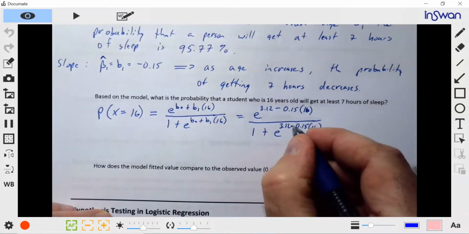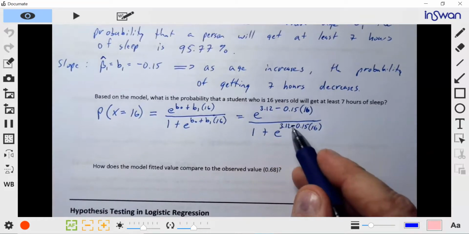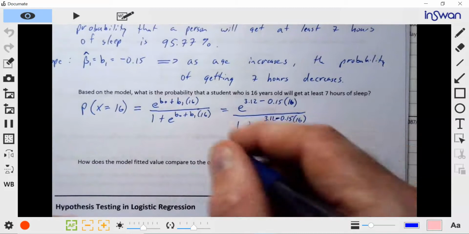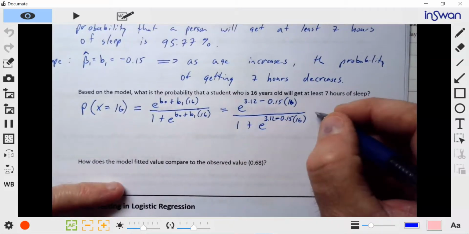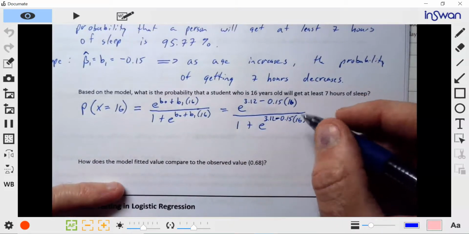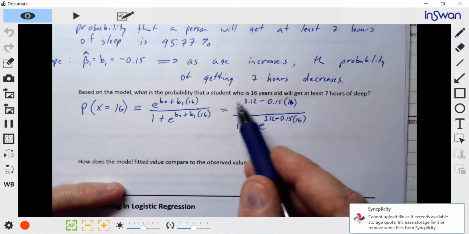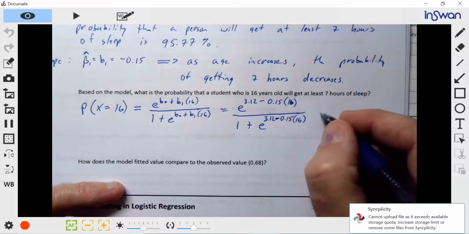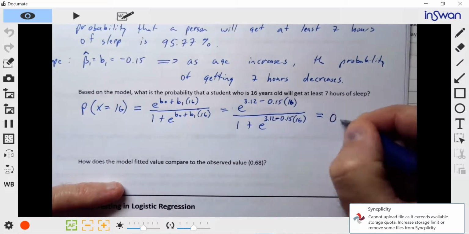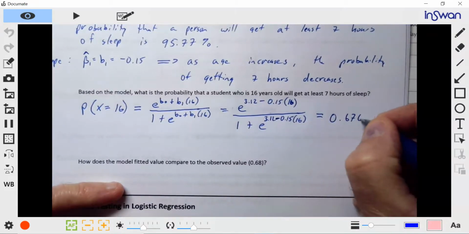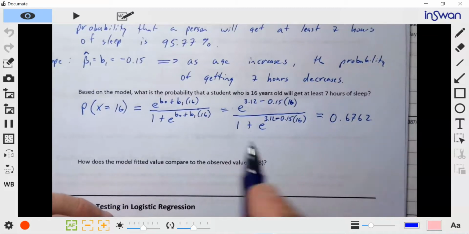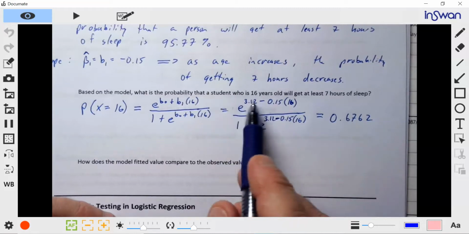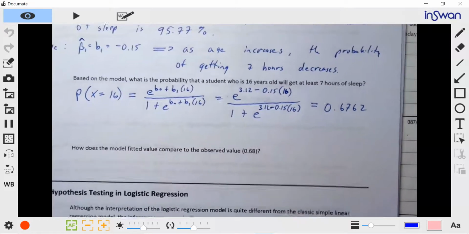I'm just plugging in my linear equation and exponentiating it. And be careful when you put this through your calculator. I would suggest calculating whatever the numerator is first, and then plugging that into your denominator. You will get 0.6726, or the probability is 67.26% that a 16-year-old will get at least 7 hours of sleep.